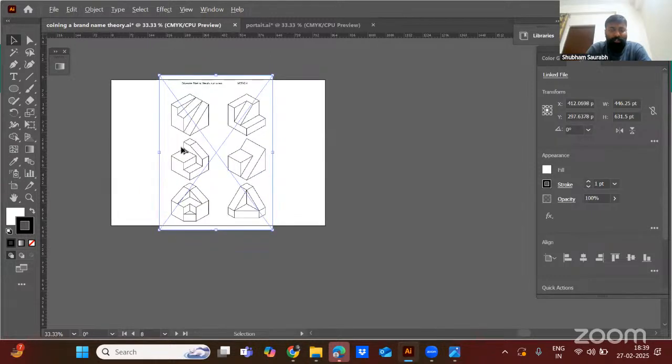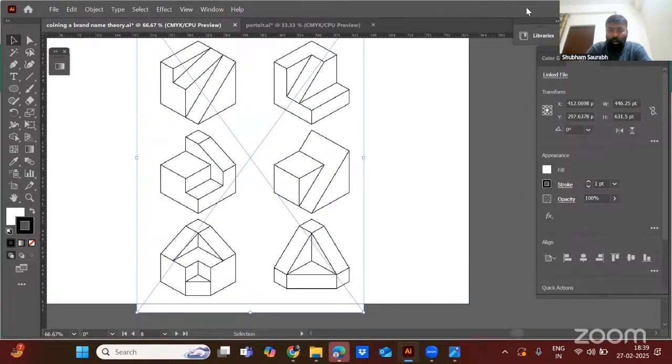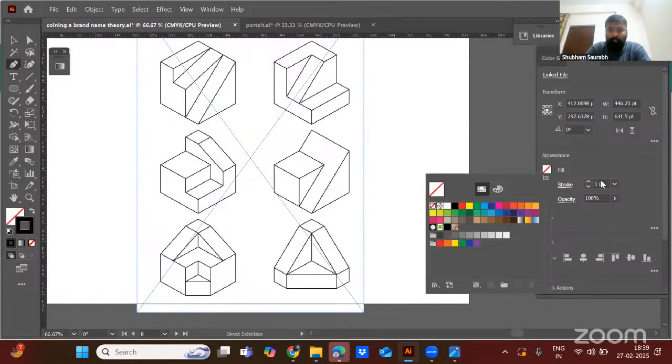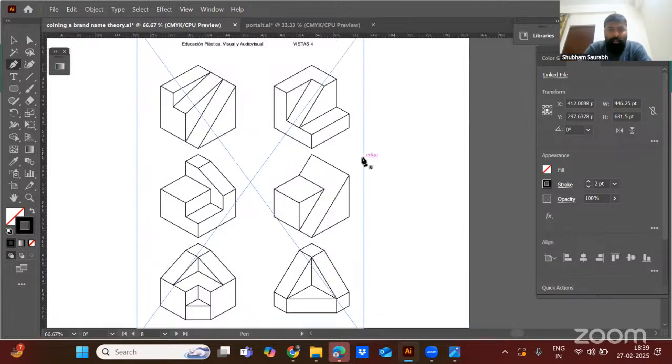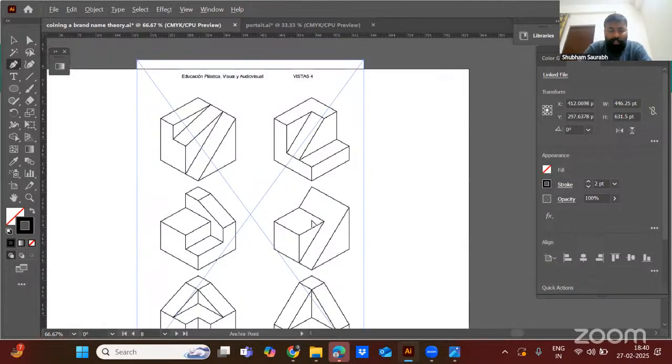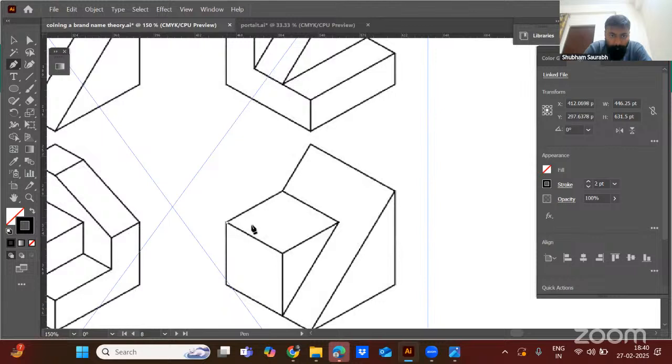So what if we have these shapes with us? So let's draw one of the forms. Okay, so I find this one interesting. Let's draw this one.